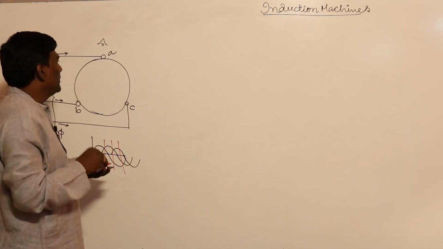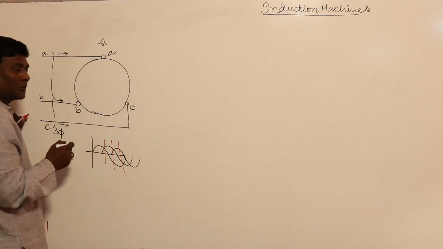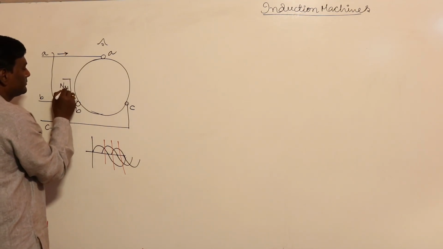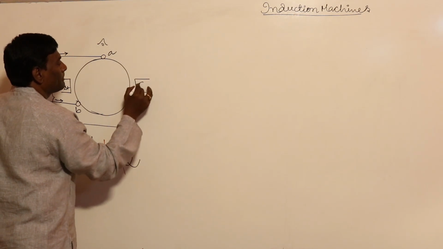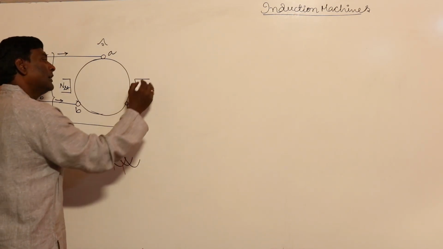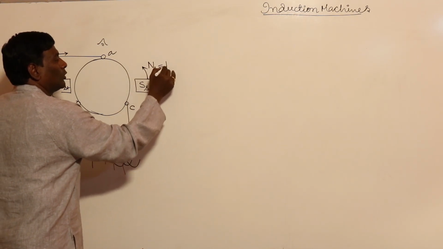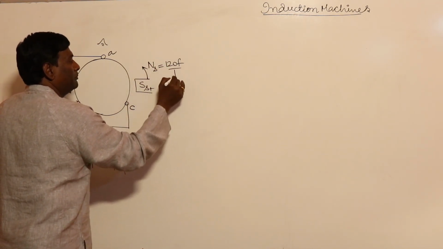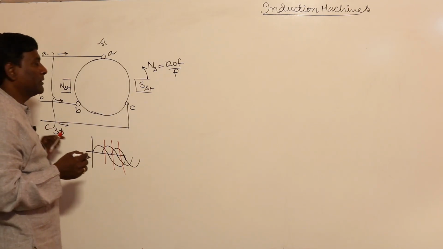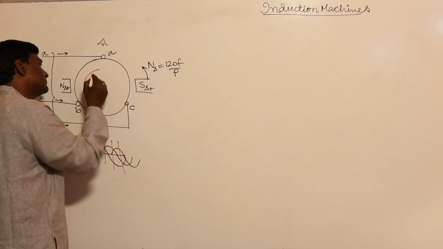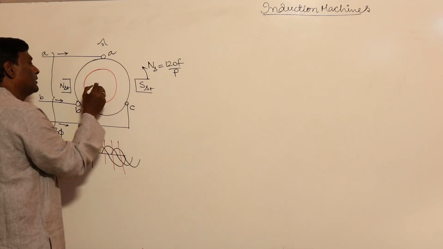Because of this stator structure, poles will be formed, and those poles will be rotating with synchronous speed 120 F by P. That is the rotation of RMF. Now let me think of my rotor here.